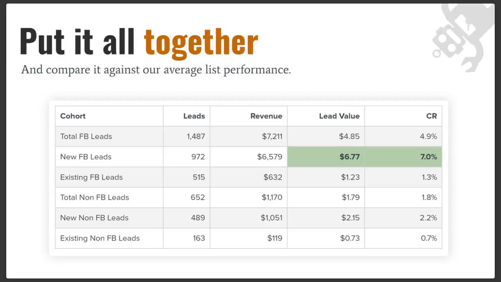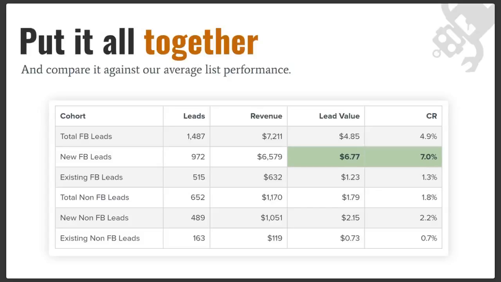So right here we have our total Facebook leads, new Facebook leads, existing Facebook leads. We already looked at those. We're going to add into that our total non-Facebook leads, new non-Facebook leads, and our existing non-Facebook leads. All right. So look at this. Our new Facebook leads have a conversion rate of 7% and a lead value of $6.77. That is head and shoulders above anything else.